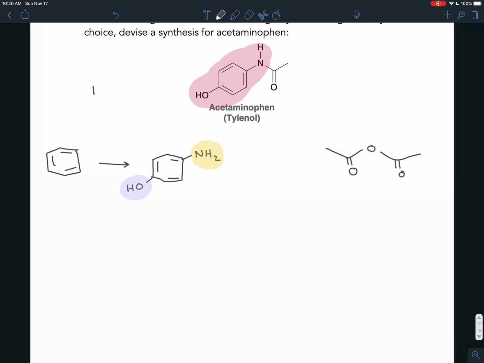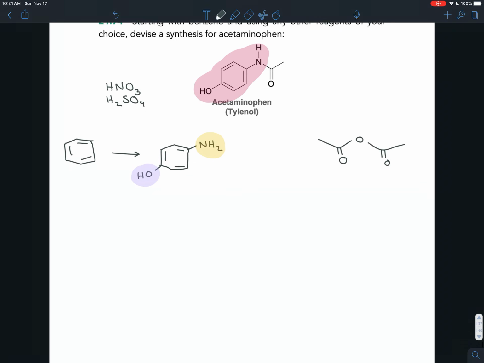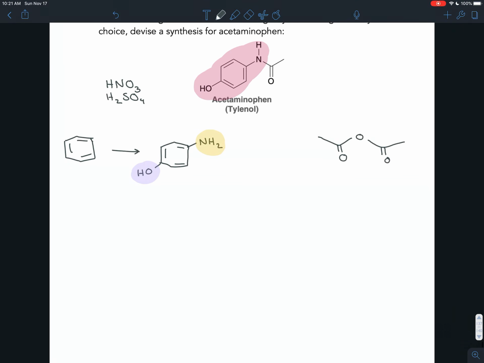That used nitric acid, HNO3, and sulfuric acid, H2SO4, to put an NO2 onto the ring. So if we're just drafting, like making a rough draft, sort of brainstorming, if we had a benzene ring and we do nitration, HNO3, H2SO4, that will put an NO2 onto the ring.